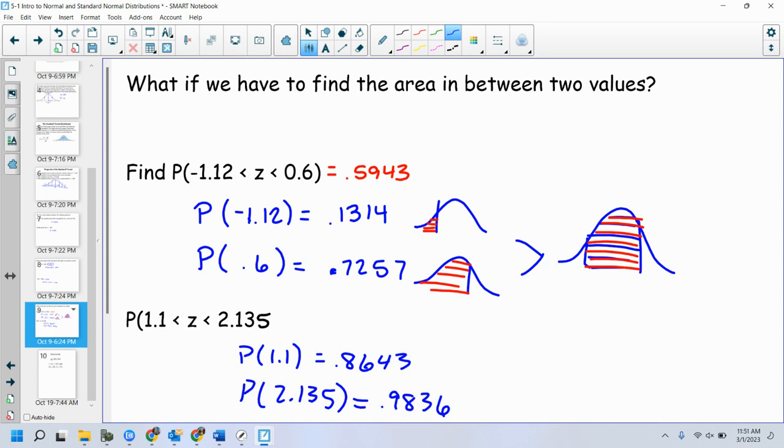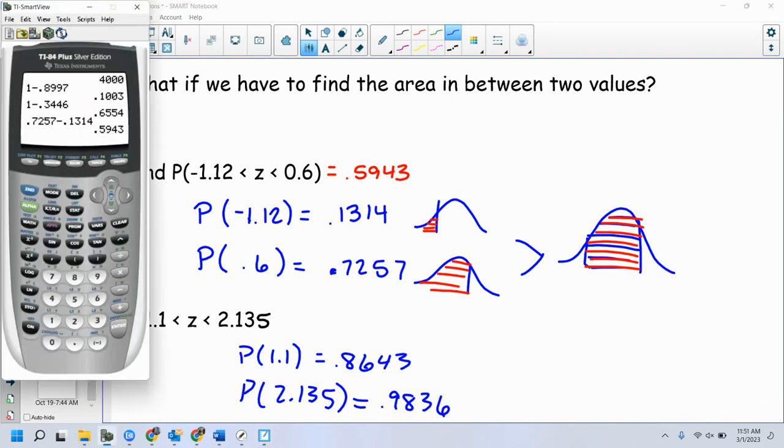Like if it's a 0.5, you go right in the middle. If it's to the left of it, go a little bit further to the left. You know what I mean? If it was like 2.131, well, you go to 2.13 and go a little bit above. Right? Estimation. So we got 0.9836, bigger minus smaller, 0.8643.